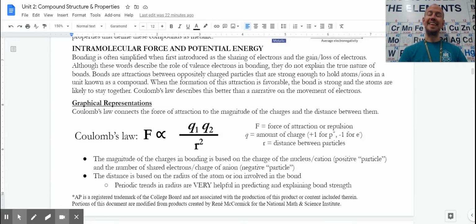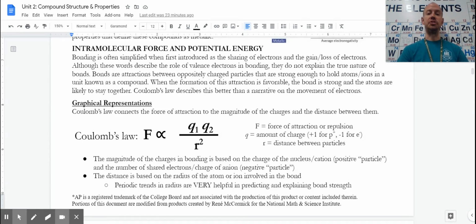So the charge of things that are attracting or repelling each other, protons and electrons, and then the distance between them, but that distance squared. So we're directly proportional to the charge, we're inversely proportional to the square of the distance in terms of attraction. Since we aren't doing exact calculations here, we just need to think about are our charges big or small, and is our distance big or small?